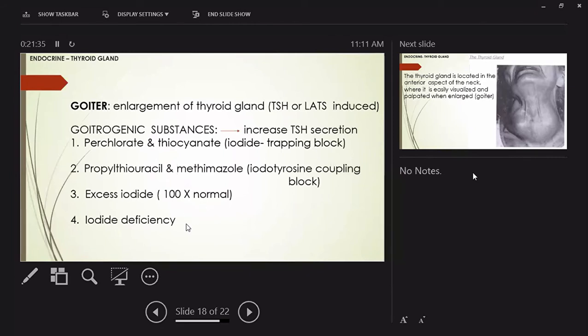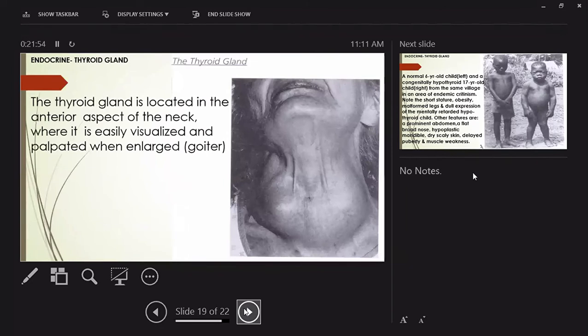Iodide deficiency can also cause enlargement of goiter. This is the appearance of your thyroid gland when there is goiter.